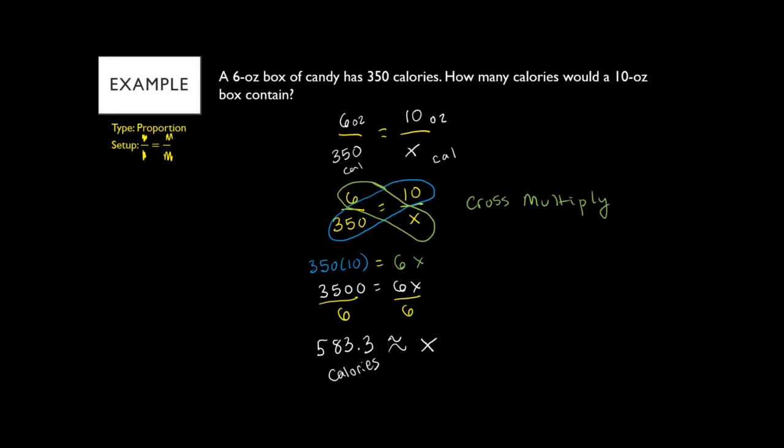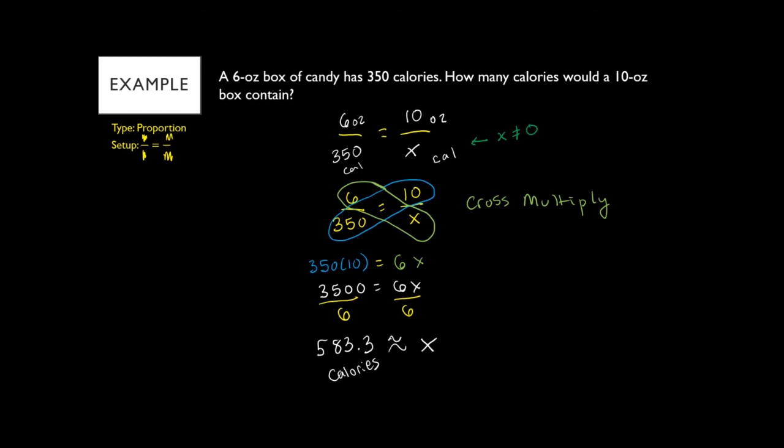That is what we're looking for: how many calories a 10-ounce box would contain. Now, once you get your answer, you want to make sure that it doesn't make your denominator 0. Going back to our original equation, we had X in the denominator, and the denominator is not equal to 0.